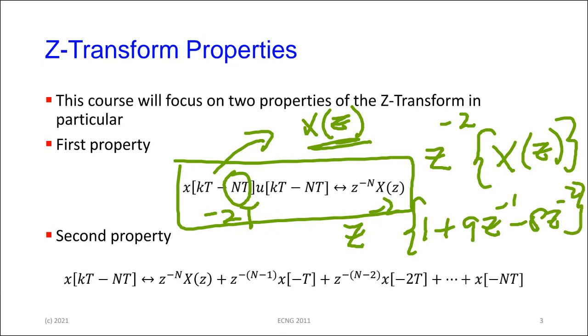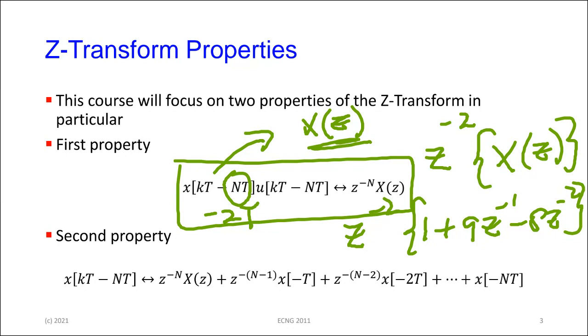Now, when you do that, you get z to the minus 2 plus 9z to the power minus 3 minus 8z to the power minus 4. So we proved it by an actual example, just showing it.